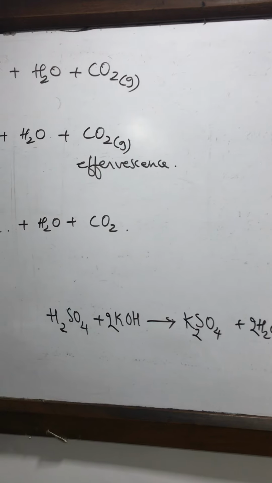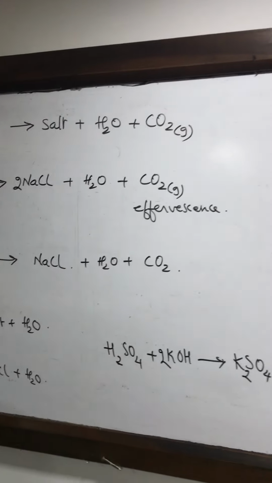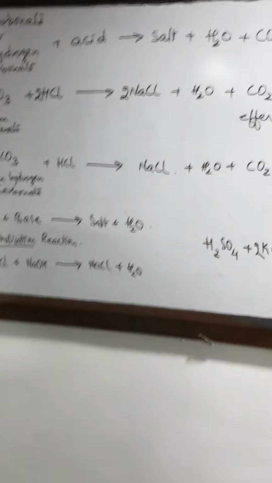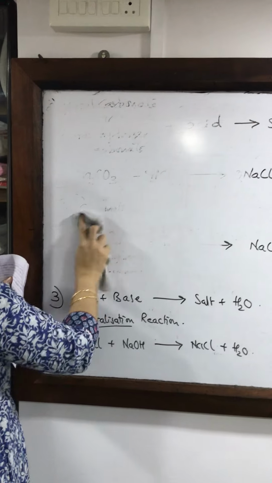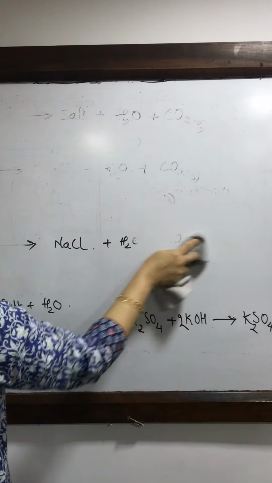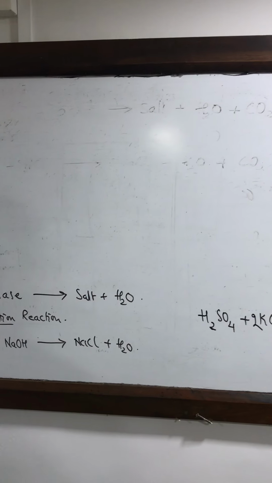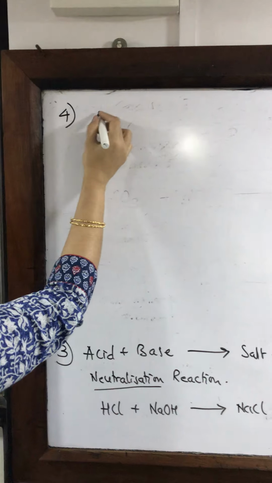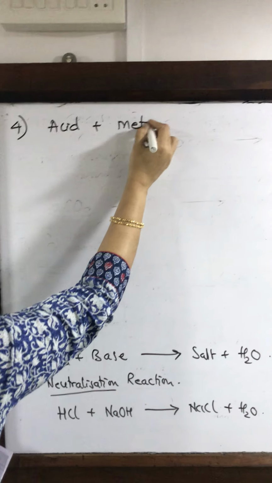The next property that we are learning is the reaction of metal oxide with acid. The fourth property that we are studying is the reaction of acid plus metal oxide.